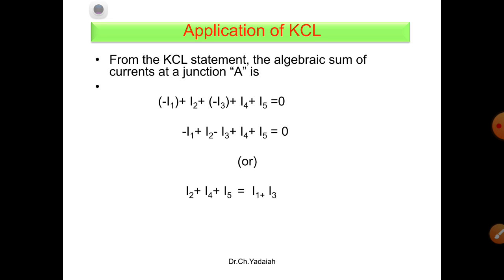Okay. Now, application of KCL, Kirchhoff's current law. From the KCL statement, the algebraic sum of currents at junction A is equal to 0.